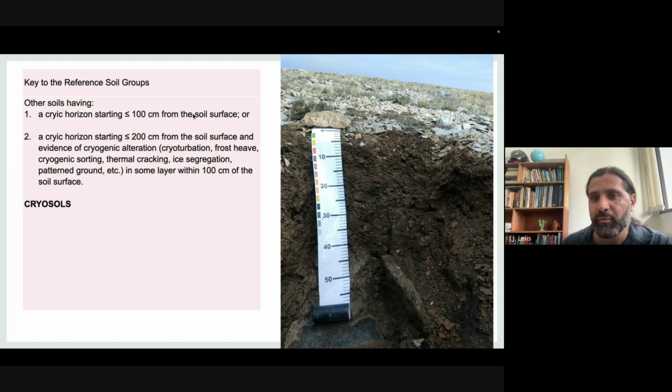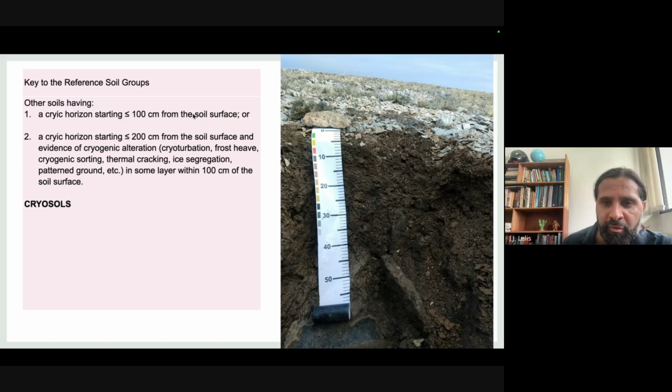Because of this freezing, we can register some sorting of materials, and it's quite common to see some gravels and pebbles that are quite aligned. They have some orientation because of this cryogenic sorting. We have some thermal cracking. Cracks form because of the solidification of water, ice segregation, that ice tends to segregate clay from the coarse materials. Patterned ground that we already saw, those features expressed at the surface because of this ice segregation of fine particles.